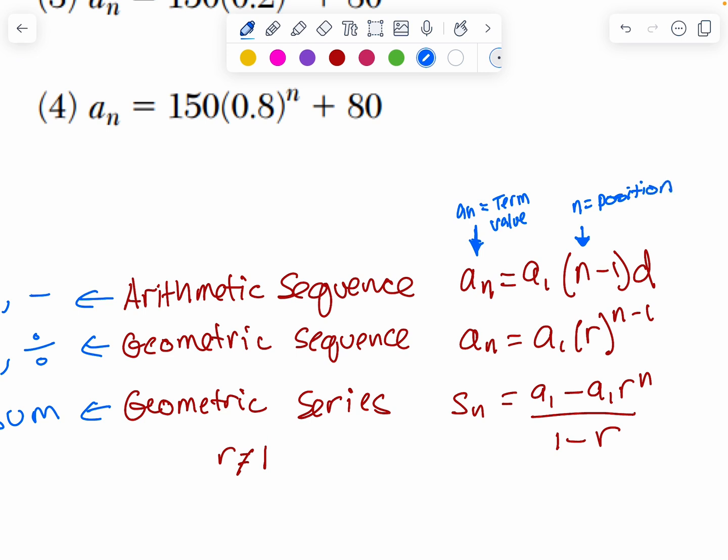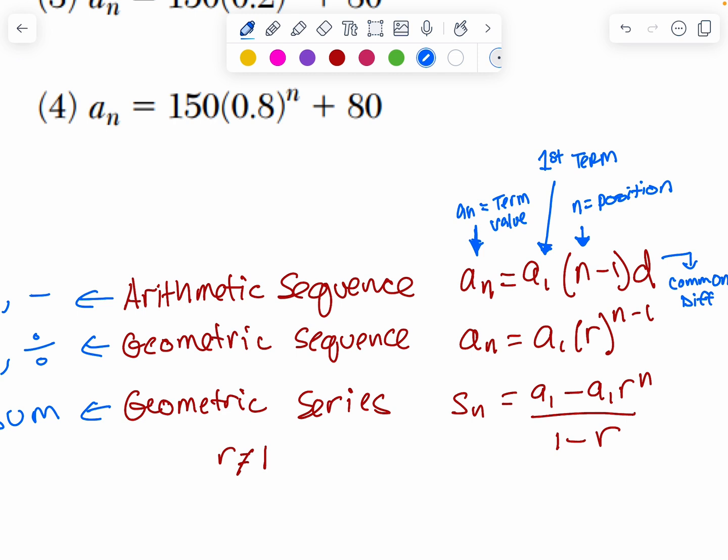Now, to demonstrate both of those things together, we have a sub 1, which is the first term. So it's whatever number is in the first position, the very first value. What's specific to arithmetic sequences is this d value, which stands for common difference. And a common difference is basically what you are repeatedly adding or subtracting to get to the next term.